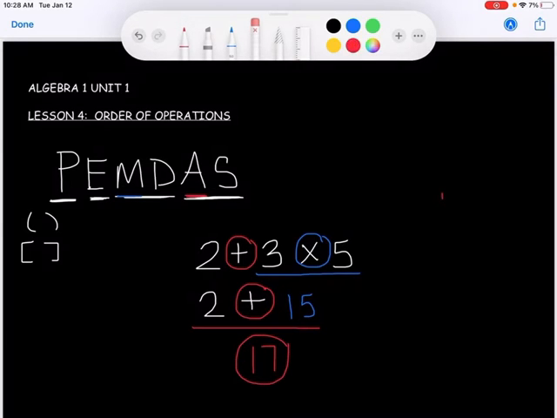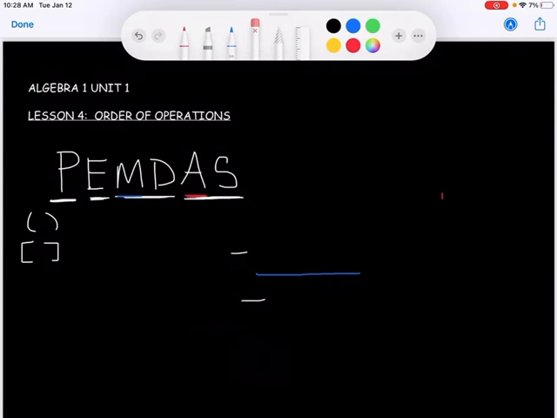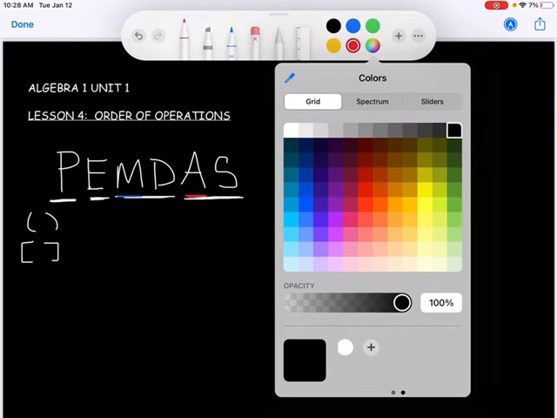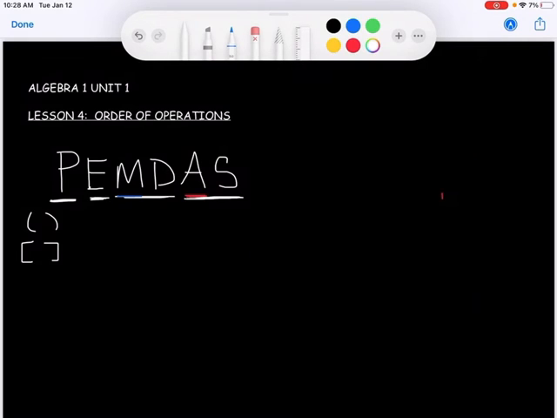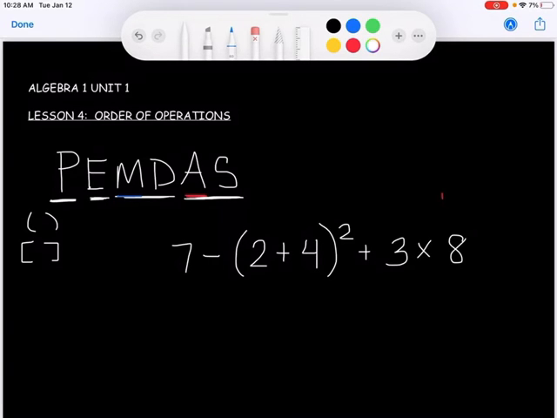All right, let's do one that's a little bit more complicated. Let's say we have 7 minus (2 plus 4) squared plus 3 times 8.